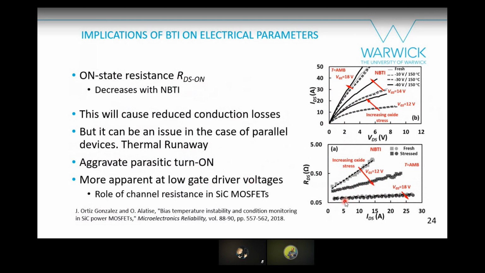So you can see at 18 volts, when you're driving your device properly, this is not very apparent, just a slight increase. But when you're driving your device with low voltages, things become really apparent. So this is a massive reduction of the on-state resistance. So it looks like this is the area where BTI is going to be more apparent.